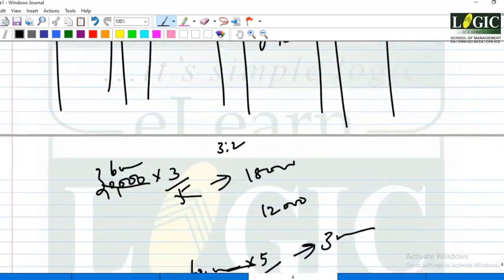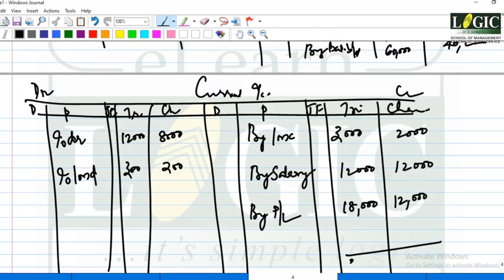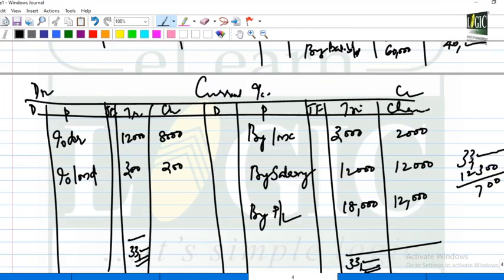Now coming to the current account, that is also to be balanced. Heavier total on both sides. So 33,000 here. This is the heavier side, right? 33,000 here. So 33,000 minus 12,300. So to balance carried down, 20,700.